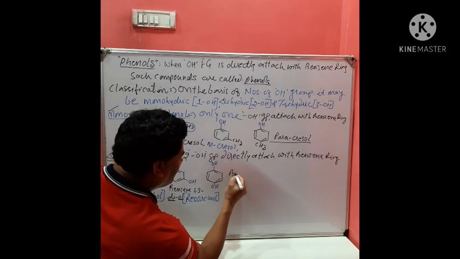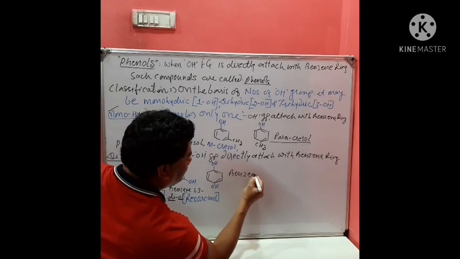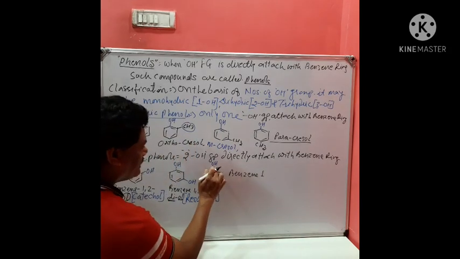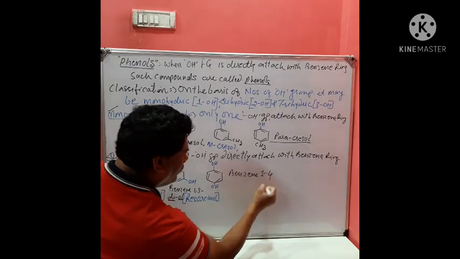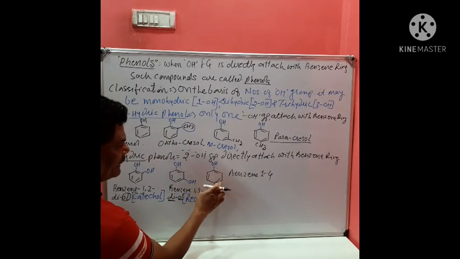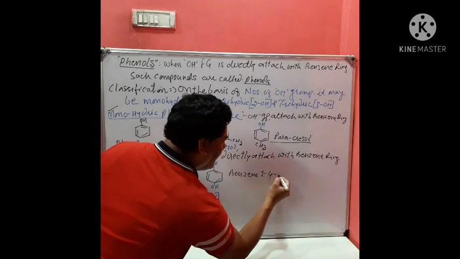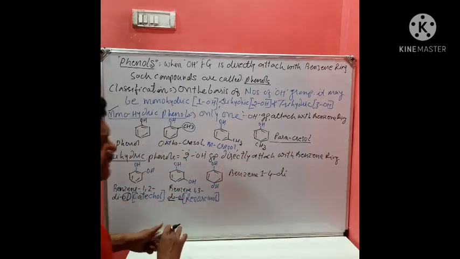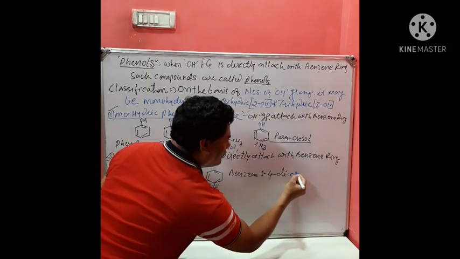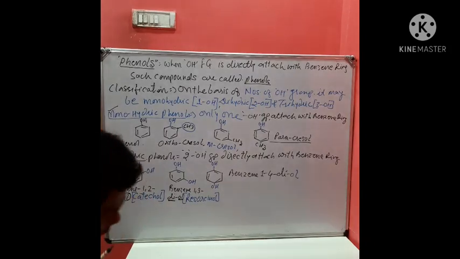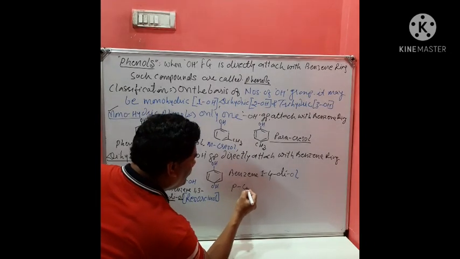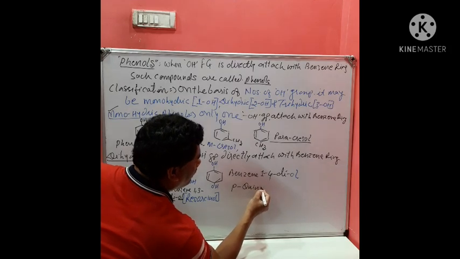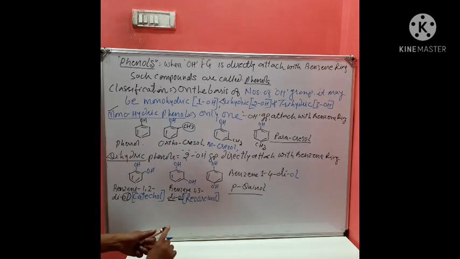Now what is this? This is benzene. Now position is first position, therefore 1, and fourth position, therefore 4. How it is? 1, 2, 3, 4. So 1, 4 and 2, therefore di, and OH functional group, therefore ol. Diol. This compound is very important compound. This is called paraquinol. Why paraquinol?